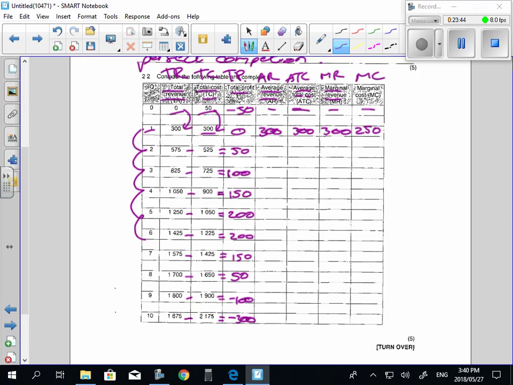Your average revenue is total revenue over quantity. So 575 divided by 2 gives us 287.50. 825 divided by 3 gives us 275. 1050 divided by 4 gives us 262.50. And then I'll just fill in the rest here.